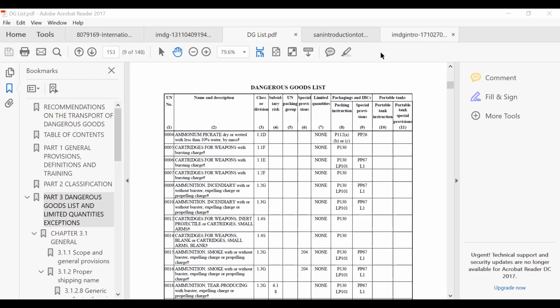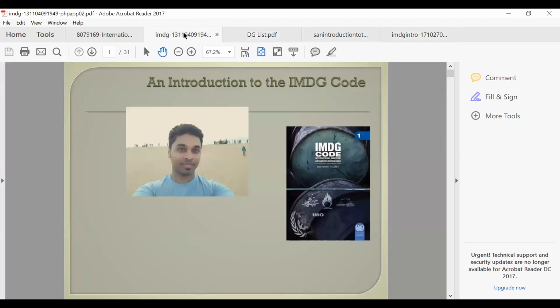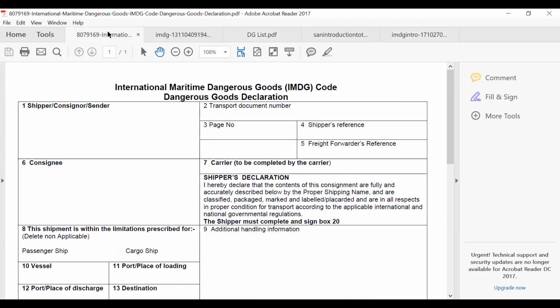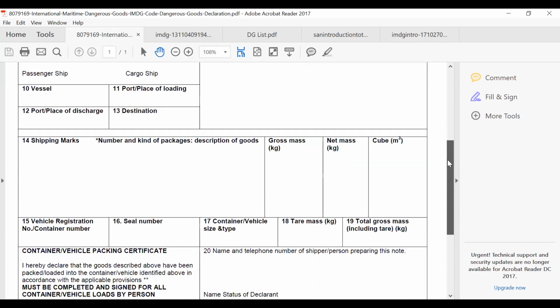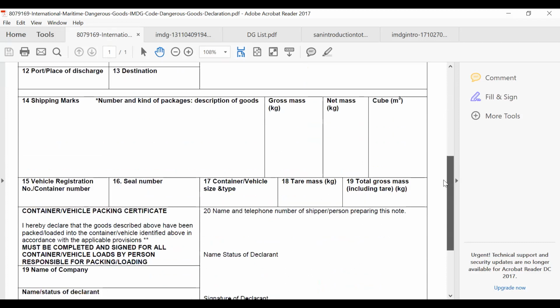When we are receiving any dangerous good, we're going to be receiving what we call a dangerous good declaration. As you can see on the screen that I am currently sharing, you see a dangerous good declaration, and that is where you will see the shipper putting in the details of the DG goods.